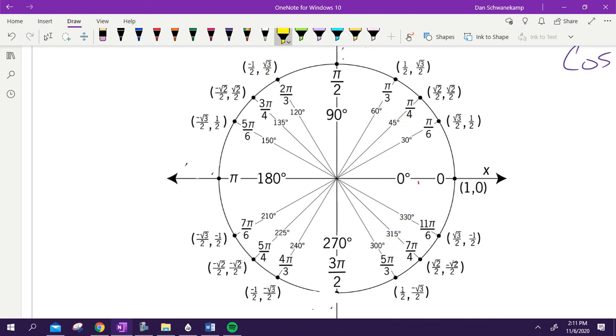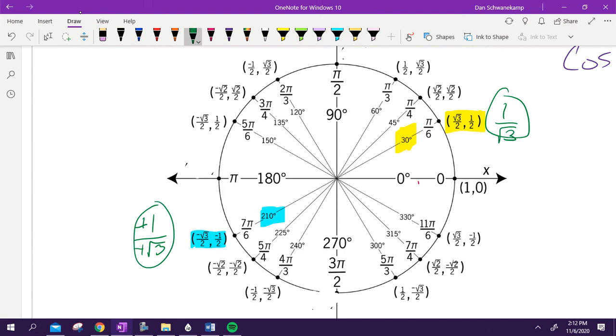If I pick 30 degrees right here and I did tangent, tangent would be 1 over radical 3. What angle is exactly 180 degrees away from 30? 210. So 210, if I did tangent here, it would be y over x, so it would be negative 1 over negative radical 3. They're both negative, but that doesn't really matter. It's really the same angle. So this right here and this right here are the same.